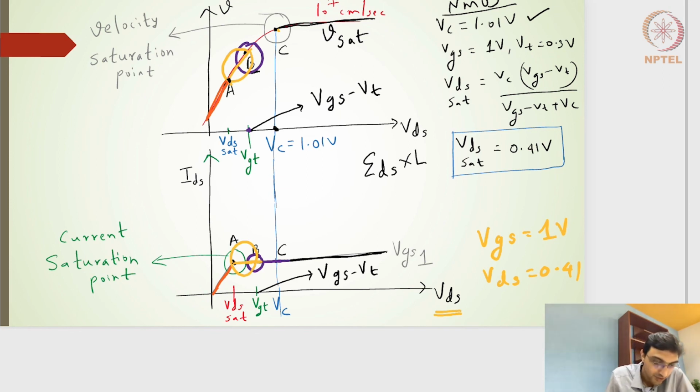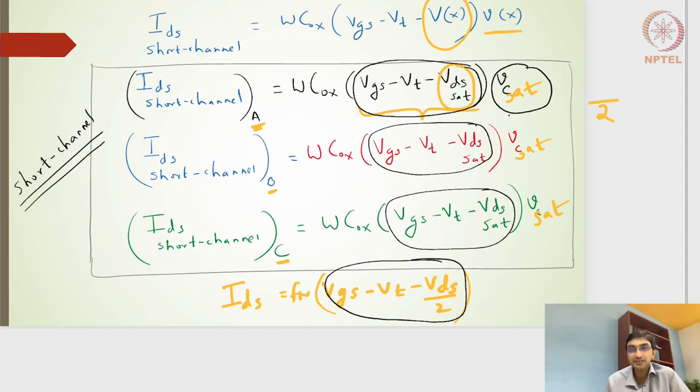But in this particular expression, we are taking it as velocity saturation. The reason is that it is compensated well by VGS minus VT minus VDS saturation, which in fact should have been VDS saturation by 2. So we take a higher velocity value so that this whole expression is a lesser value, and that gets compensated.